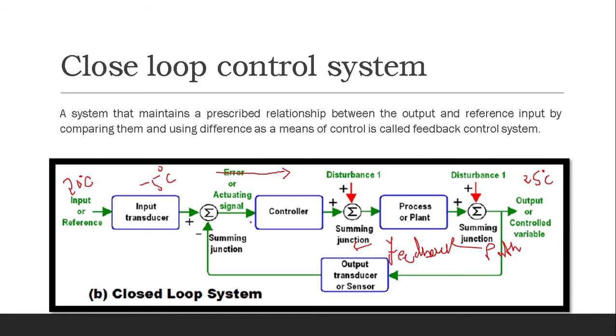In that case the temperature will be brought from 25 to 20 degrees centigrade. Once 20 degrees centigrade is achieved, it is again fed back to your comparator. In that case now the error will be 0 degree centigrade. Okay, so this is the simple function of a closed loop control system.